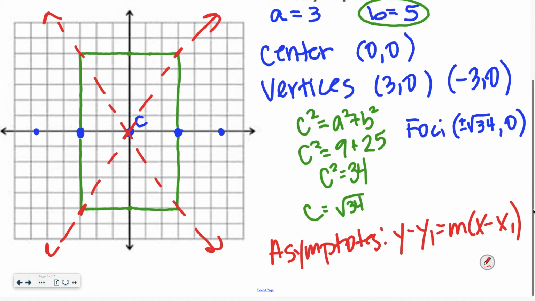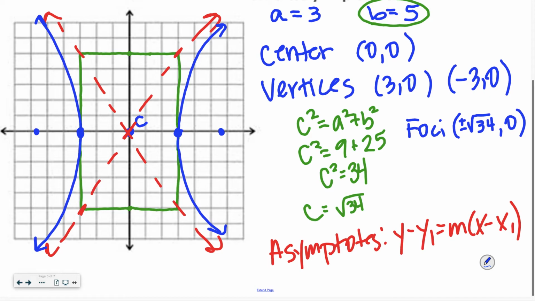Okay? Now, let's go ahead and finish off this hyperbola. We know that from our vertices, our hyperbola needs to approach our asymptotes. So I'm going to go ahead and draw that in.